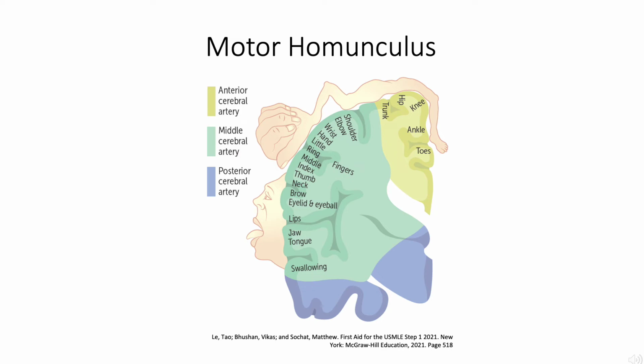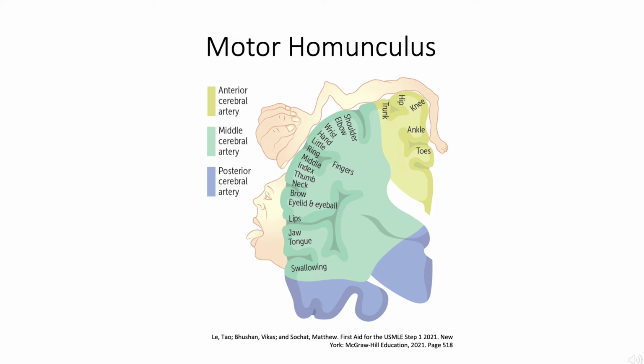Now, another thing that you can notice in this picture is that the mouth and the tongue and the hands are bigger in size relative to the toes in a ratio that is not representative of how it really is in life.